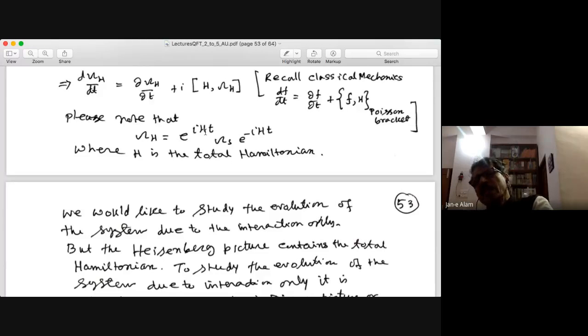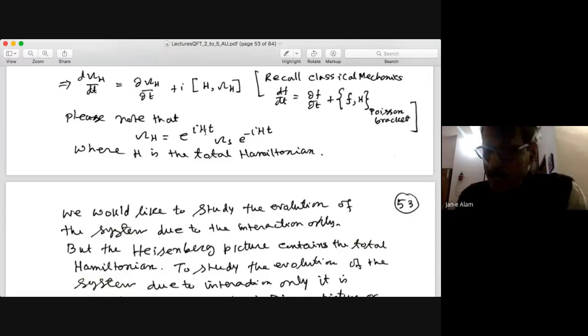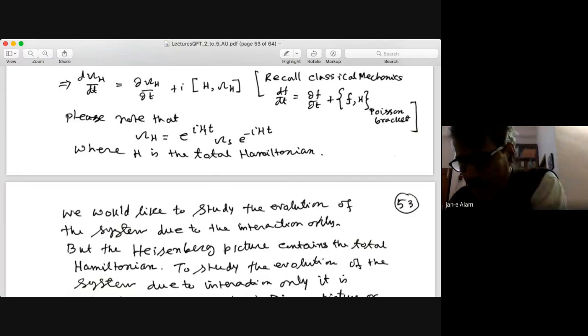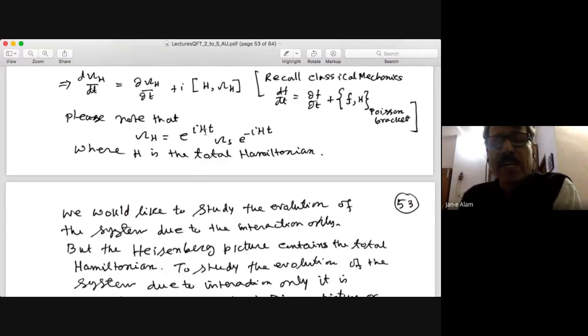And after the interaction, it will again fly far away and hit a detector. When it is detected, it is again a free particle. So when it is coming from the source, it is a free particle. When detected, it is a free particle, but in between there is an interaction. Only if there is some interaction do we learn something, right?